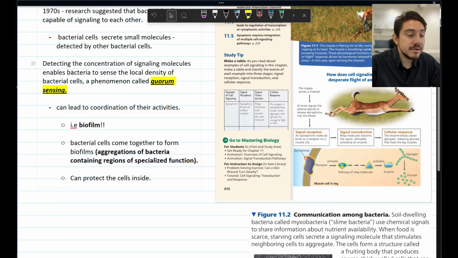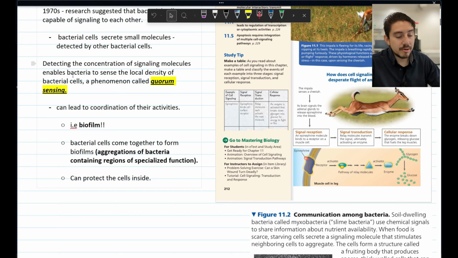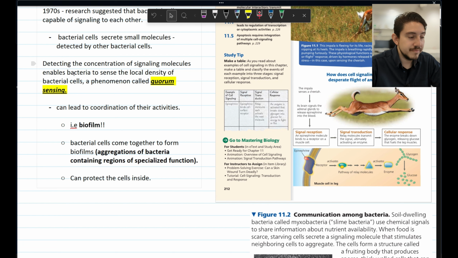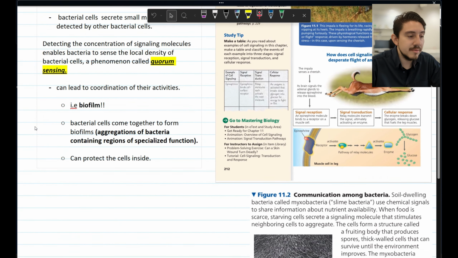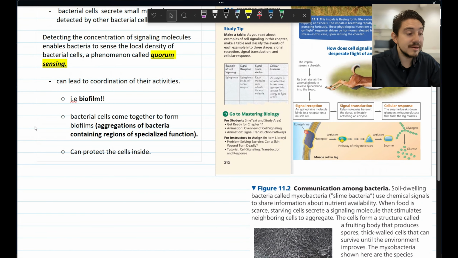The concentration of signaling molecules, how strong that signaling molecule is in terms of concentration, can enable bacteria to sense the local density of the population, so how many cells are in the close vicinity. This in itself is called quorum sensing, and as a result, it can lead to coordination of their activities.